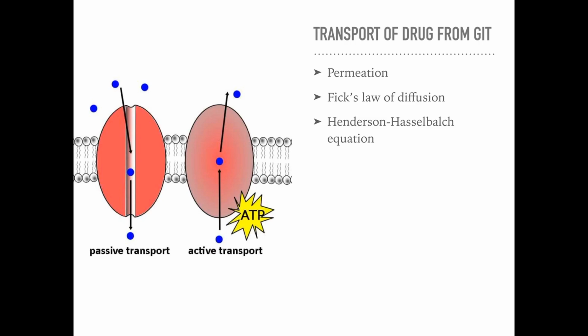Sometimes the drug is applied directly to the target tissue, for example in topical applications, but sometimes we need to administer it in one compartment of the body and then it reaches the target site after passing through different barriers.